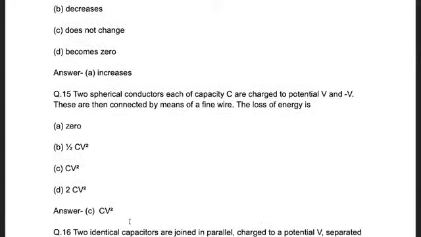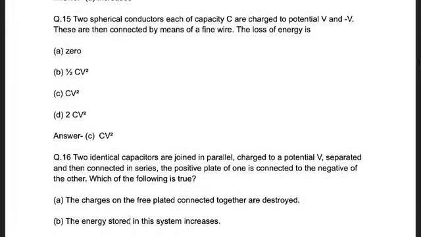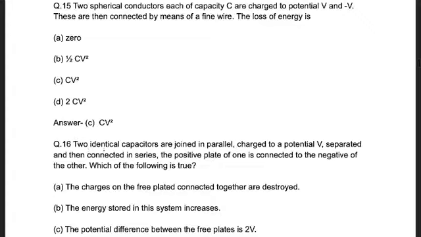Question number 16. Two identical capacitors are joined in parallel, charged to a potential V, separated and then connected in series. The positive plate of one is connected to the negative of the other. Which of the following is true? A. The charges on the free plates connected together are destroyed.